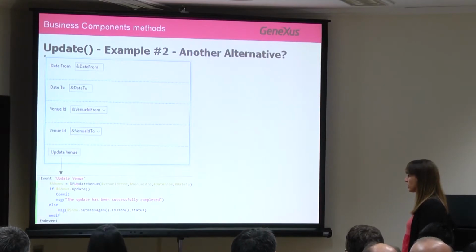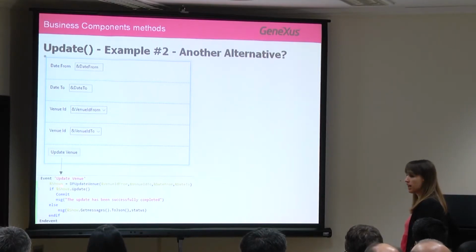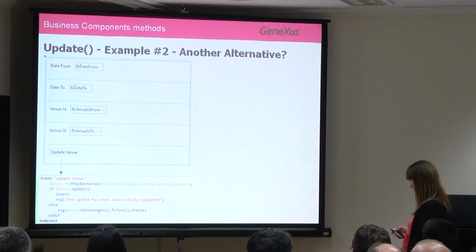Here I have the data provider. I am loading the collection of shows already modified. So I define a data provider, and I'm sending the parameters I have here. So this data provider, we're going to see right away, is having access to the shows that fulfill the conditions we determined and changing the venue. And it returns a collection of shows that have already been changed.